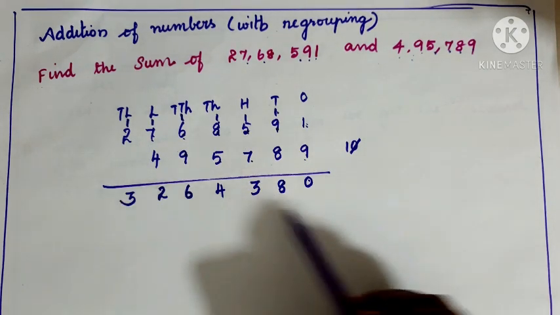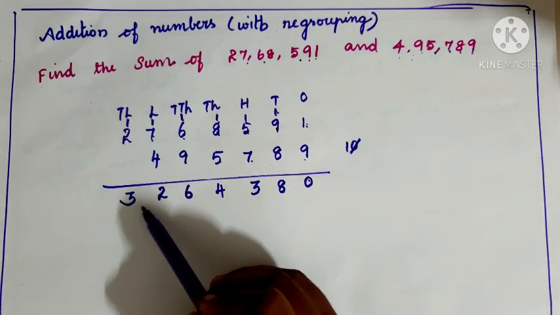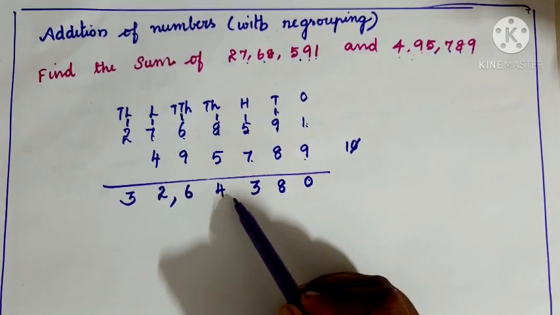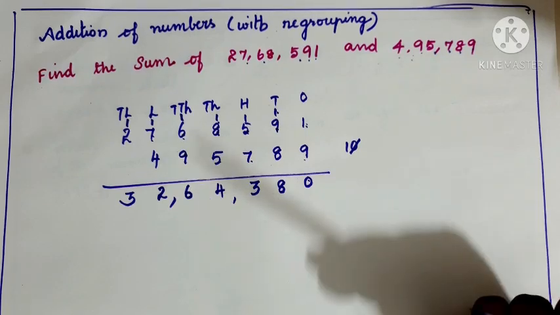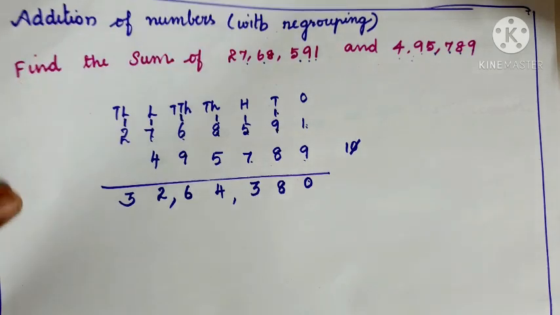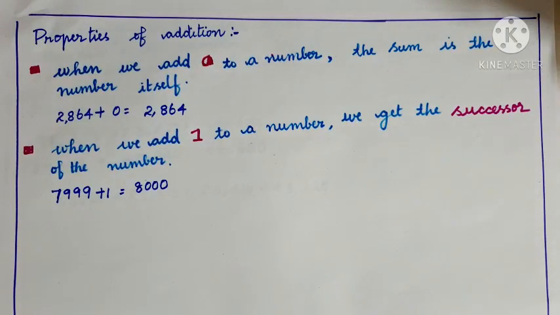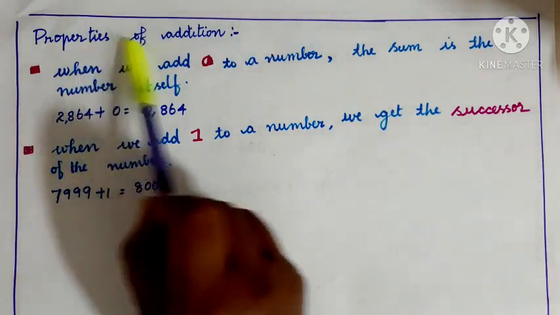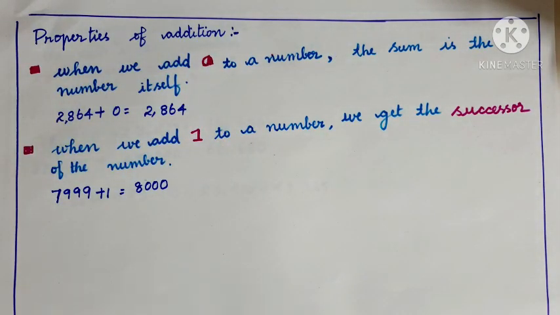How will you read this number? 32 lakhs 64,380. Fine. Now we are going to see some properties of addition. Already you would have studied this. It's just a recall. Properties of addition. What is the property?